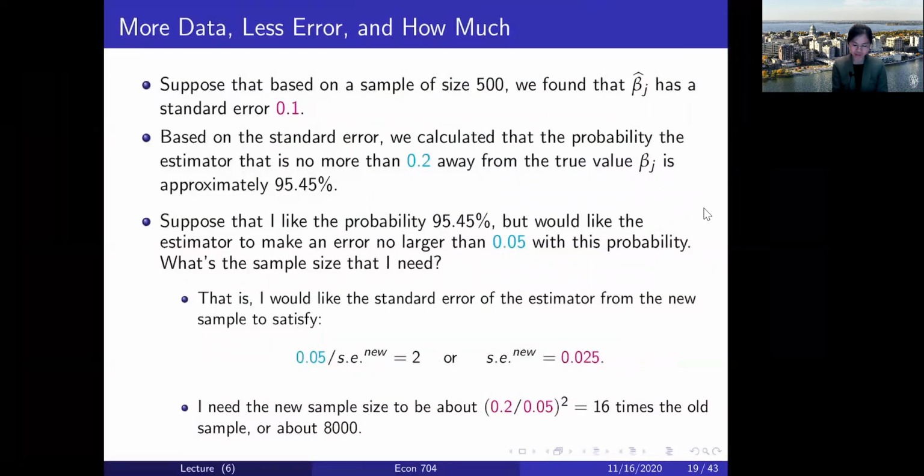So you want the new sample size to be 16 times as large, which would be 16 times 500. That would be 8,000. So that's how you determine the sample size to achieve an error probability that you want for a given tolerance.